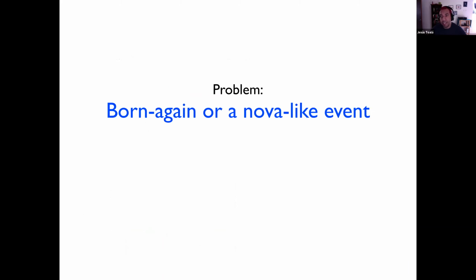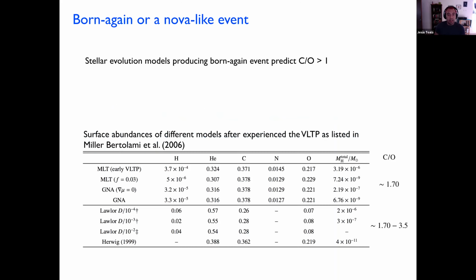The problem is that relatively recently, some authors have suggested that these objects are not born-again objects, and that it is easier to explain the production of this hydrogen-poor material by nova-like events. Here I show some of the predictions of the carbon to oxygen ratio.